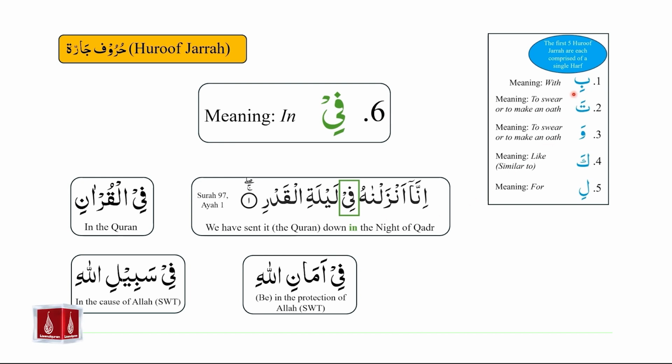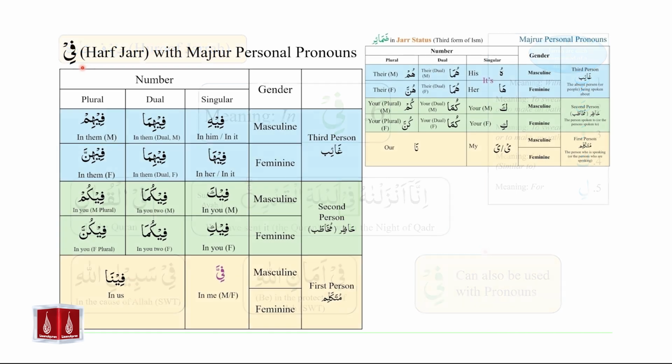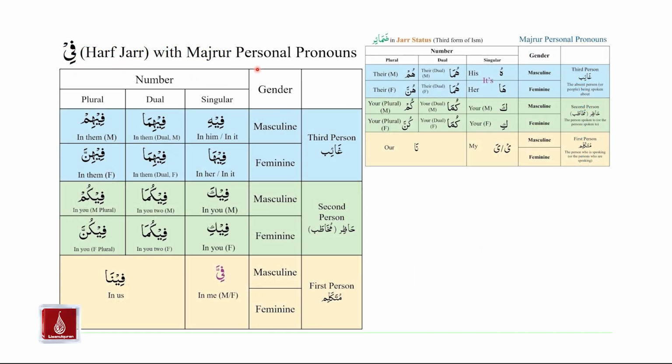Previously we studied that ba harf jar can be used with pronouns, lam harf jar can be used with pronouns. Similarly, fi can also be used with pronouns. We will use fi as harf jar with majrur personal pronouns. In the third person category, we will start with fihi.